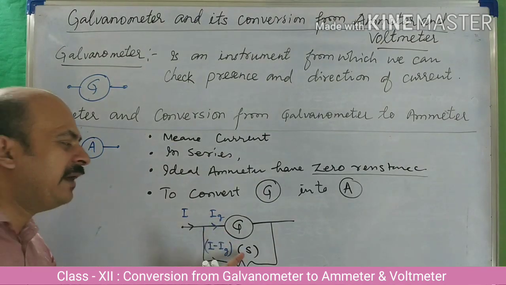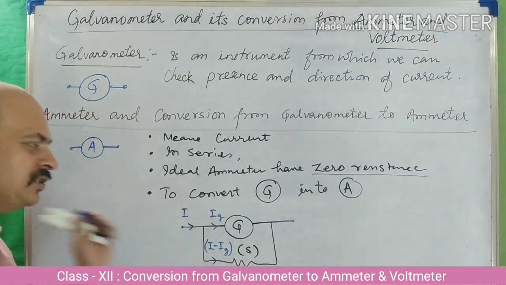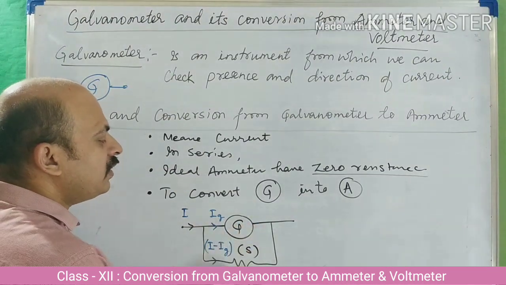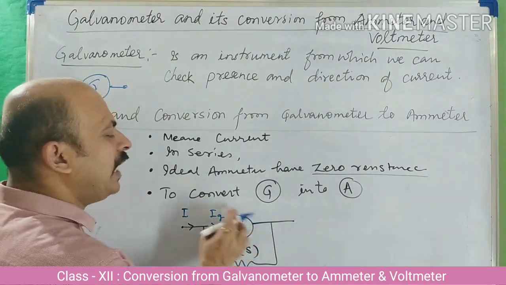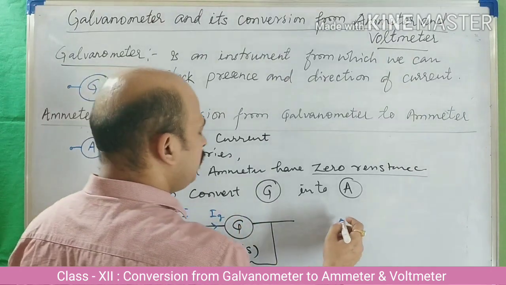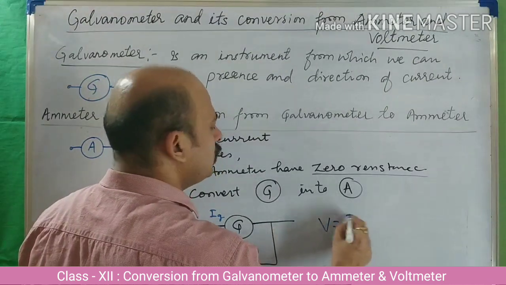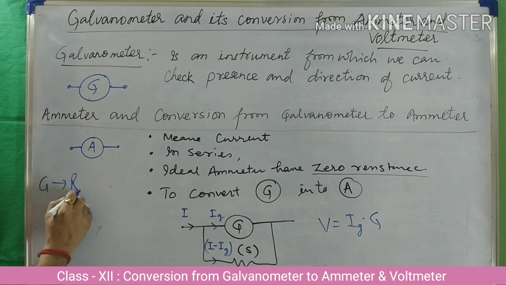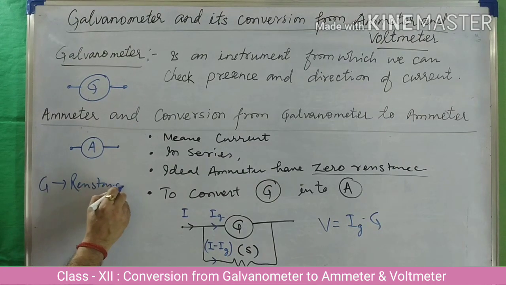So what will be the value of resistance for which range? That can be calculated. They are in parallel, so the potential difference across the galvanometer is equal to the potential difference across the shunt. So you will write V equals Ig into G, where G is the resistance of the galvanometer.